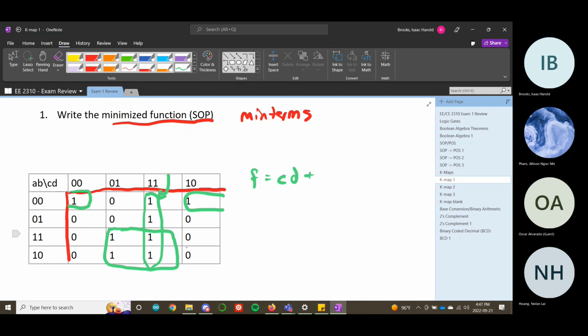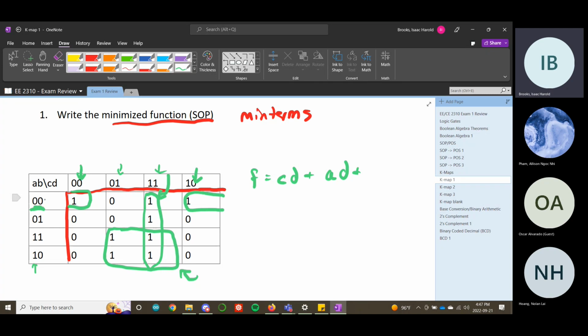The next one, this wider 4 piece, what's staying the same here? Well, A is 1 and D is 1. This is going to be A, D. And this last one, what's staying the same? So A and B are both 0 and D is 0 in both of these cases.